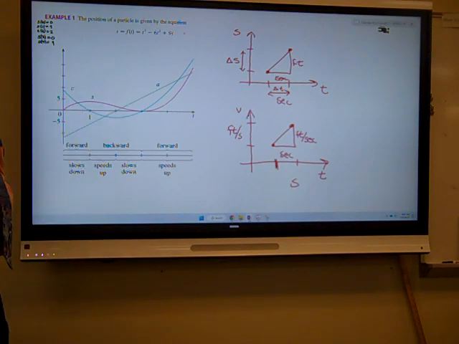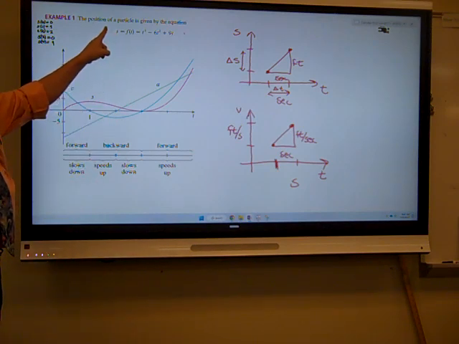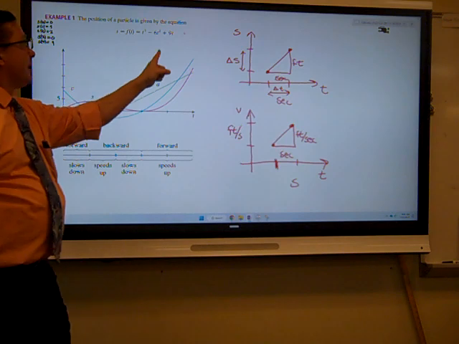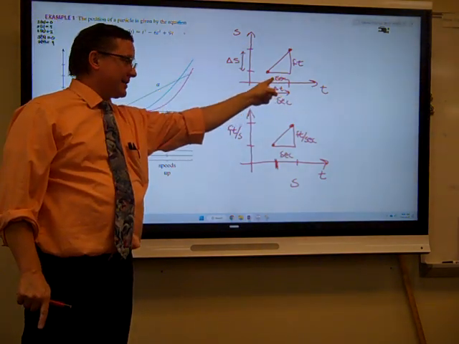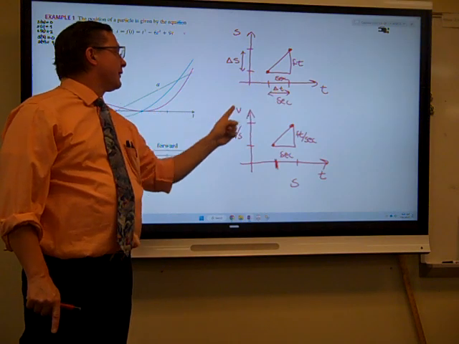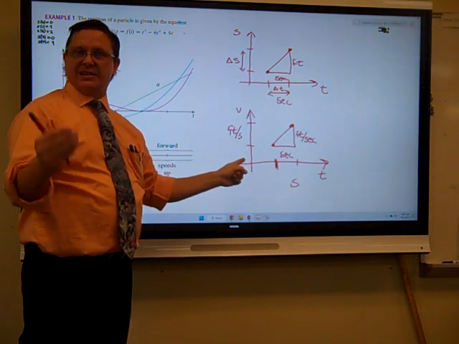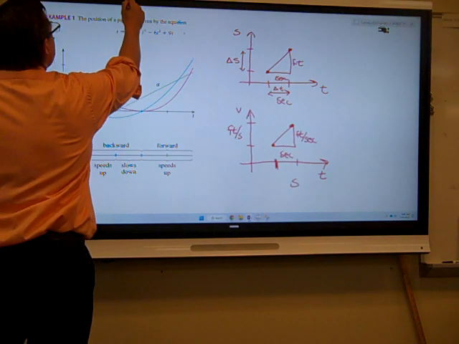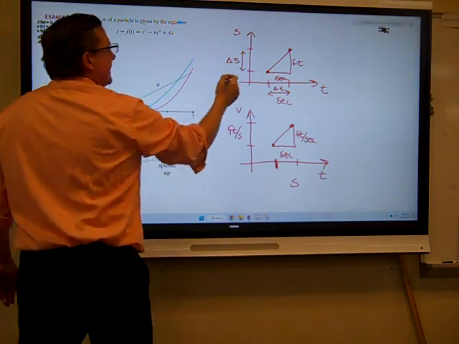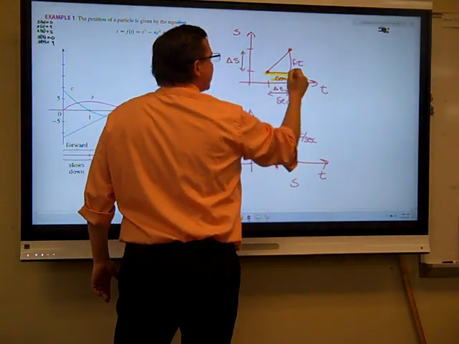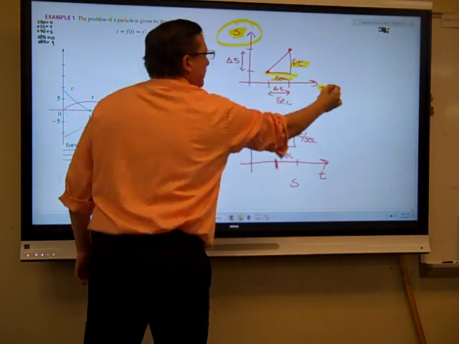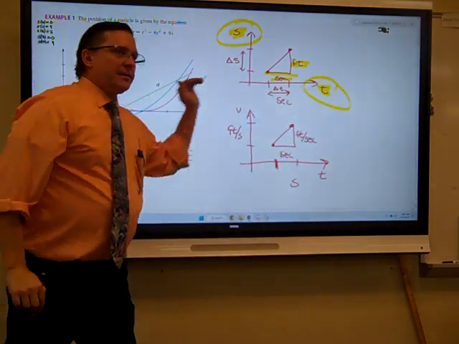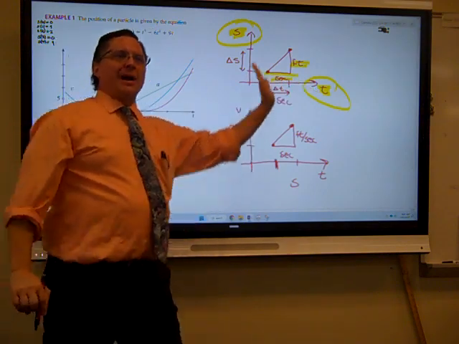Before we start, I want to be clear. Anytime you're given a position function, we know that the derivative of position is velocity, and the derivative of velocity is acceleration. Everybody, we can tell that because if we look at the units on a position versus time graph, the x is going to be time, the y is going to be feet.